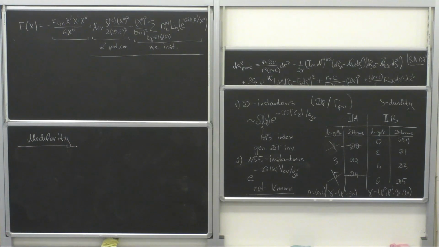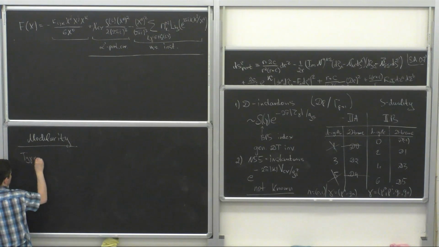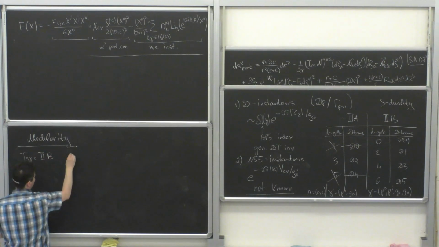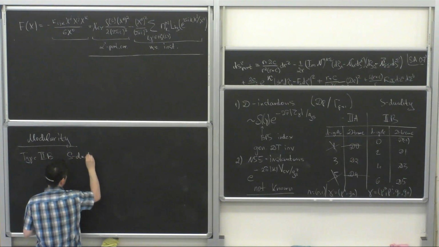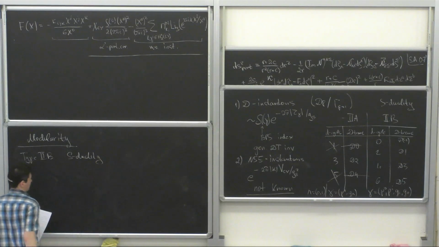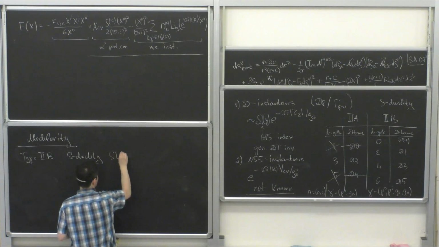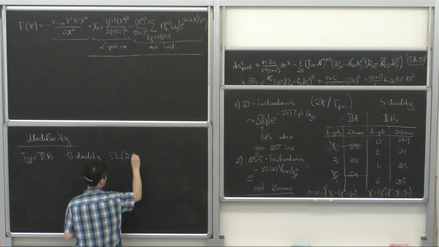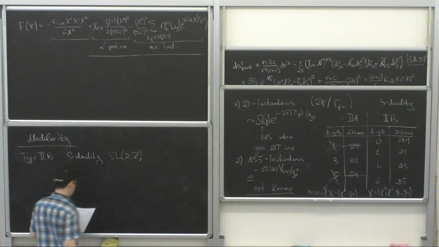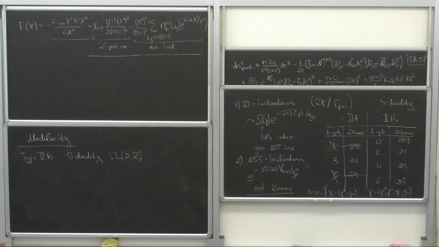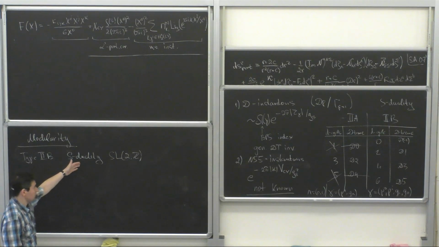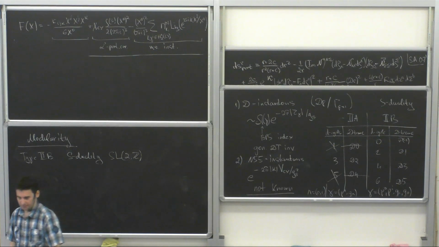Well, I already mentioned that it's known that in type 2b string theory we have S-duality, or more precisely, we actually have the full SL(2,Z) duality group. This is the duality symmetry in ten dimensions. So how is it reflected in the effective four-dimensional theory?